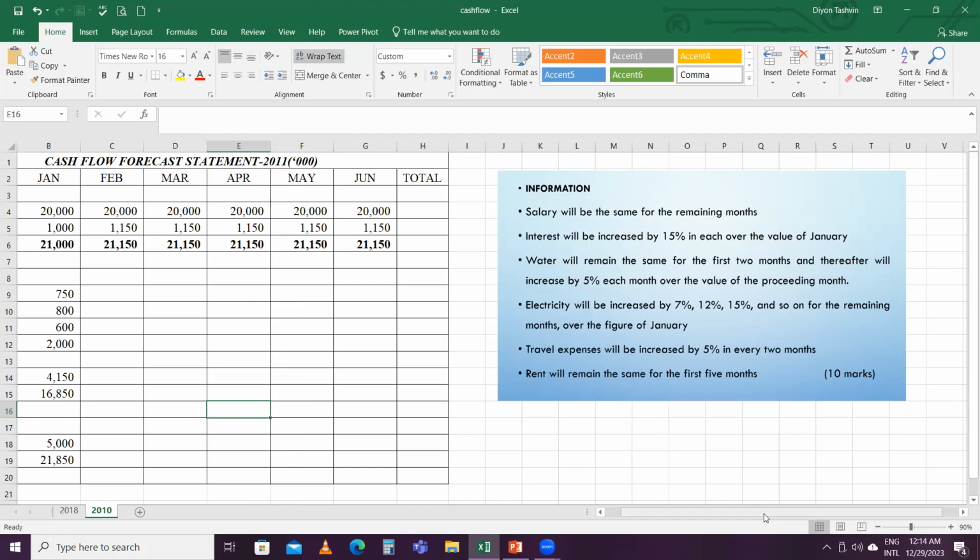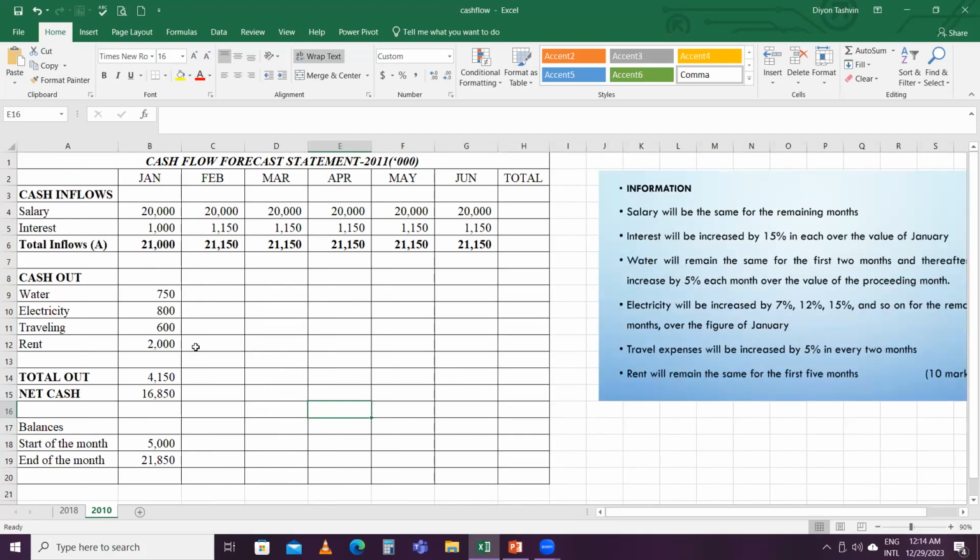So for the first 2 months it is fixed, which means for January as well as February this figure will be fixed. And after that, it should be increased by 5% over the value of the preceding month. Preceding month means the previous month. So this figure should increase by 5%.